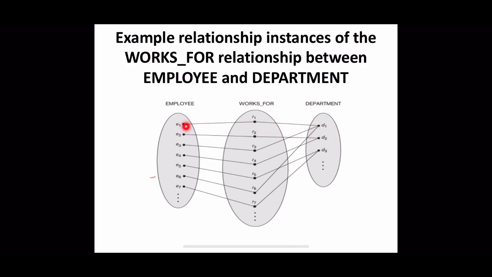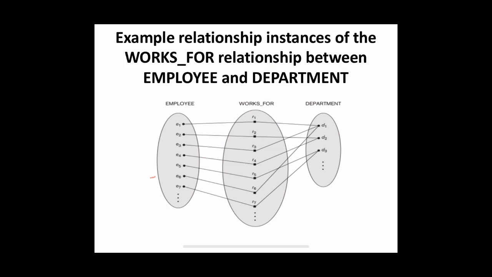As for example, E1 is related to D1, E2 is related to D2, E4 is related to D2, like that. So we can say that E1, E2, E3, etc. are instances of the employee entity type, like that D1, D2, etc. are instances of the department entity type, and R1, R2, R3, etc. are instances of the works for relationship type.